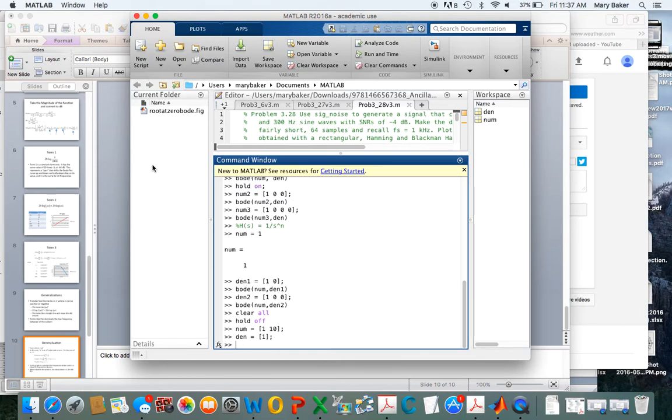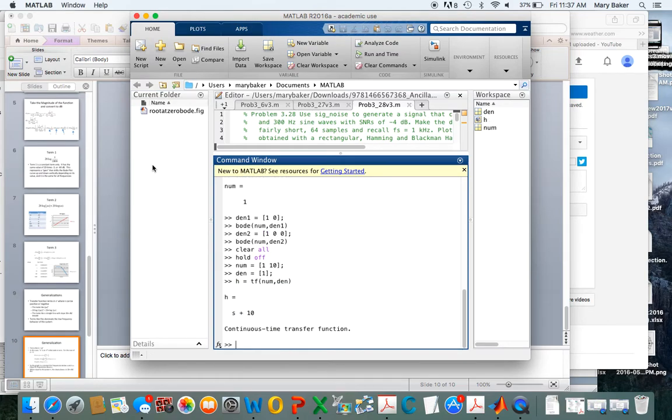So now let's just show you what that transfer function would look like. And so this is our s plus 10. Now let's do a Bode plot of that.